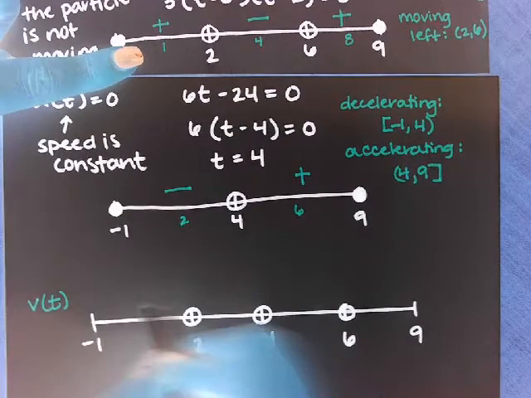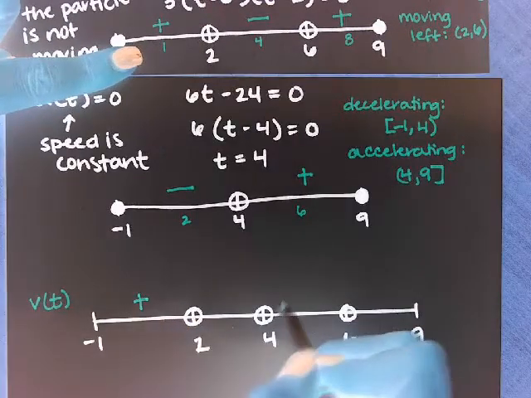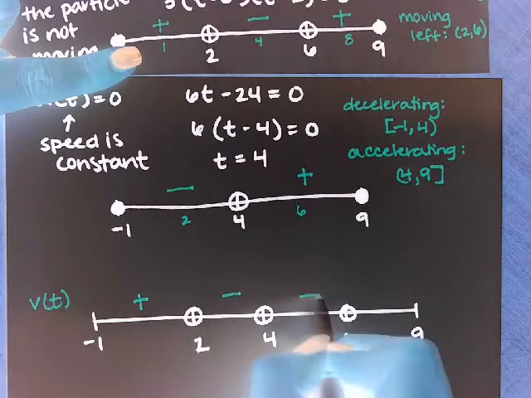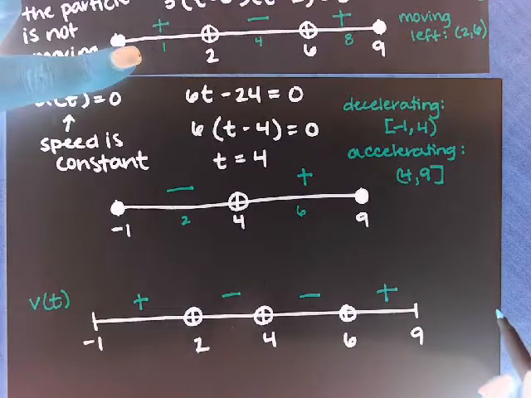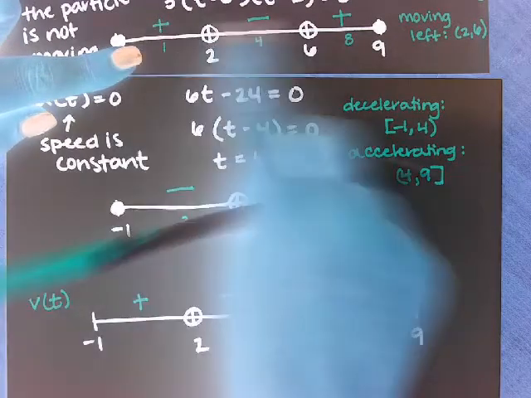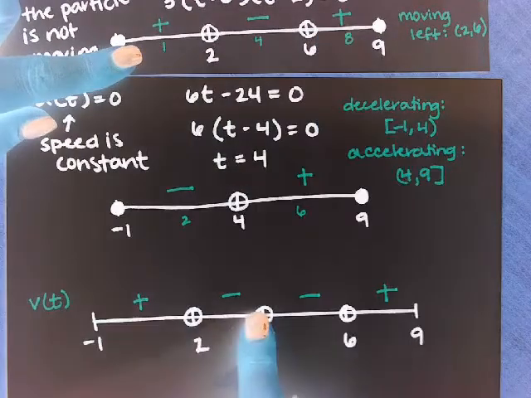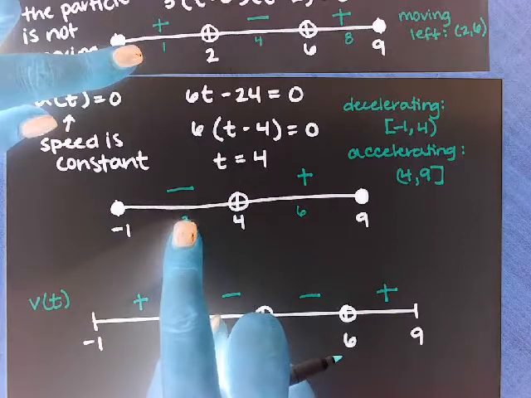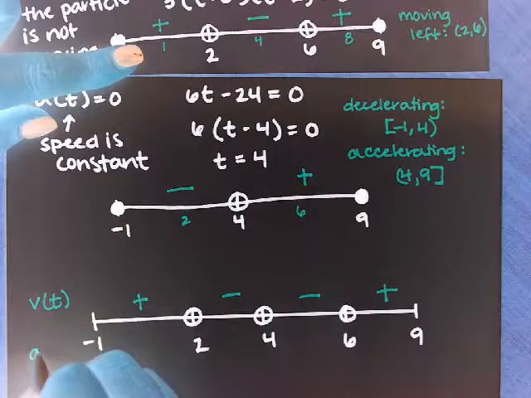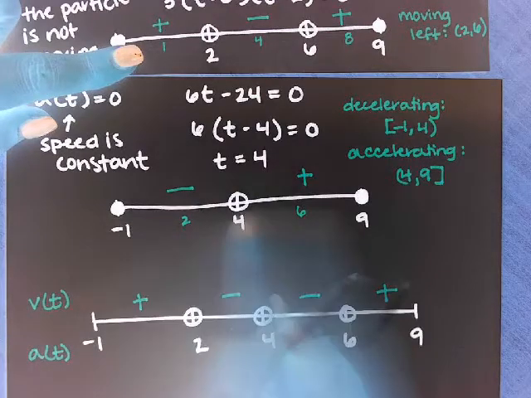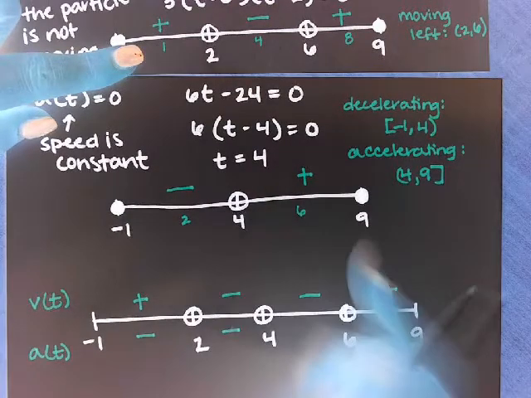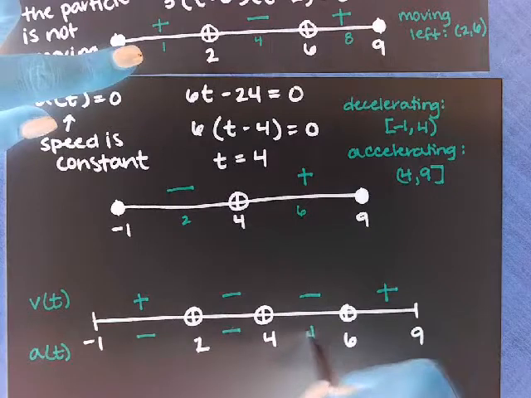We said it was a plus from -1 to 2, and then from 2 to 6 it was a minus, and then from 6 to 9 it was a plus. So all I did is I took my signs from up here, and I copied them and I put them down here. And now I'm going to go ahead and take the signs from my a of t, and I'm going to plug those in. So from -1 to 4, I have a negative, and from 4 to 9, I have a positive.